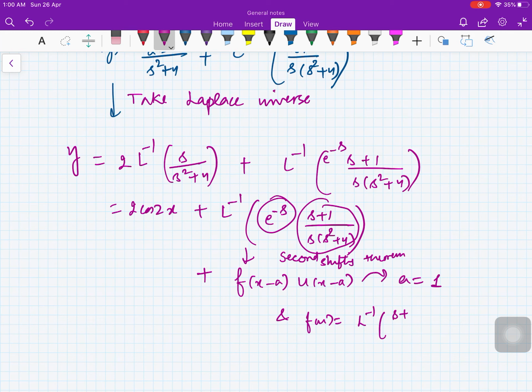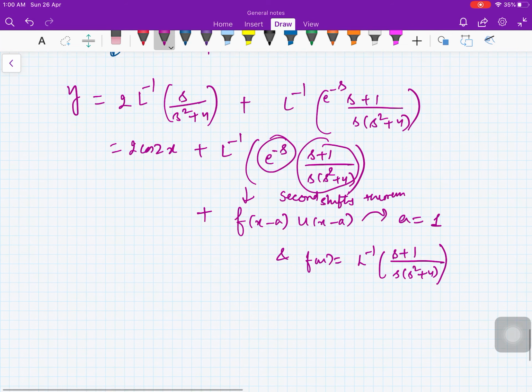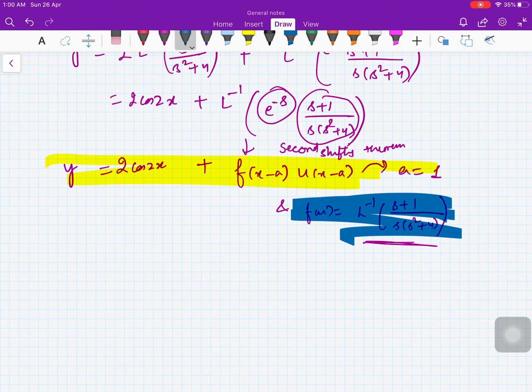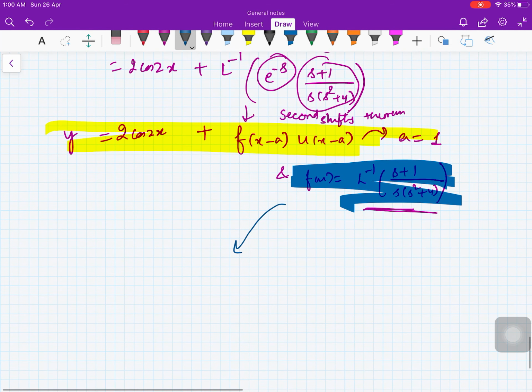And f(x) will be computed as L inverse of (s plus 1) upon s into (s square plus 4). Later on we will come to this point, so we'll just save it. First we are finding this quantity now.